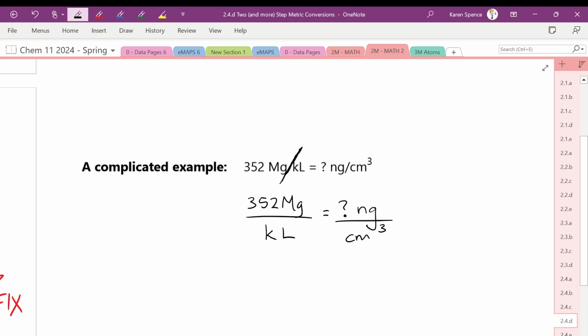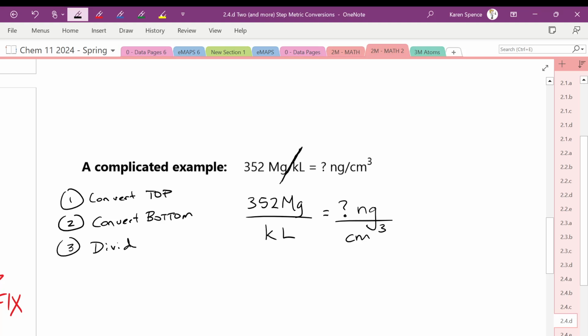We're going to start by doing convert the top, convert the bottom, and then divide. If you want to do it all in one line, that's fine. I will show that to you as well once we've done it this way.